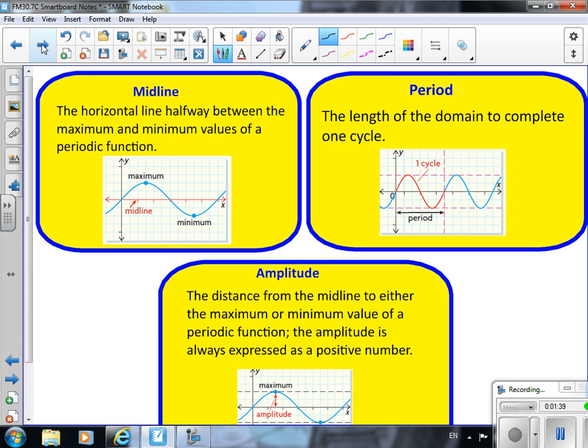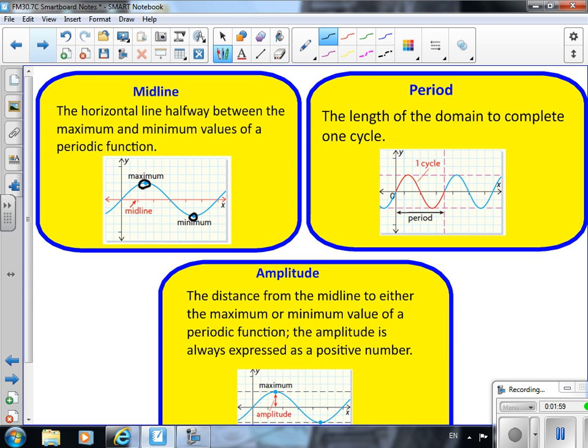Each graph will have a midline, and that's the horizontal line halfway between the maximum and the minimum values of the periodic function. So if we have our max here and our min here, the line runs exactly between those 2 points. The period is the length of the domain to complete one full cycle.